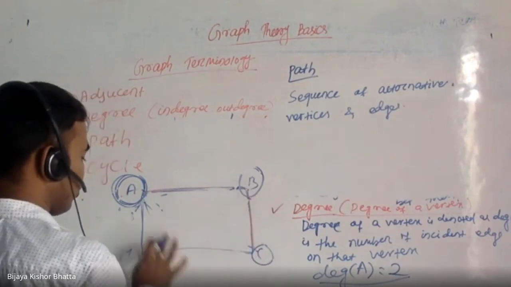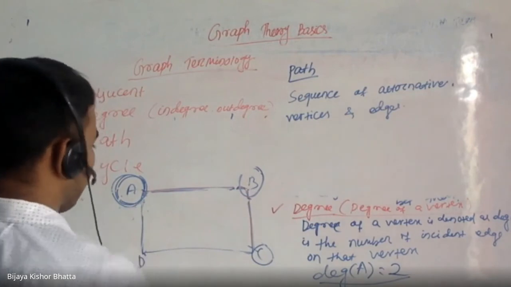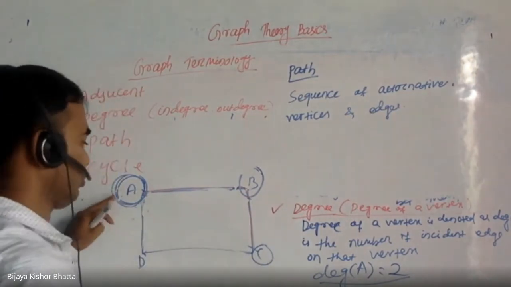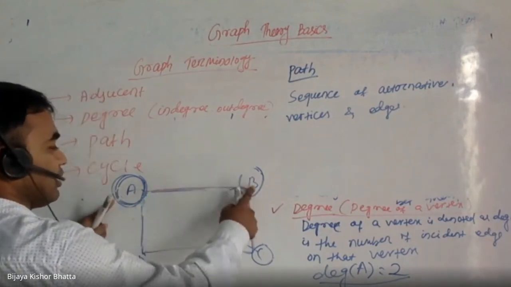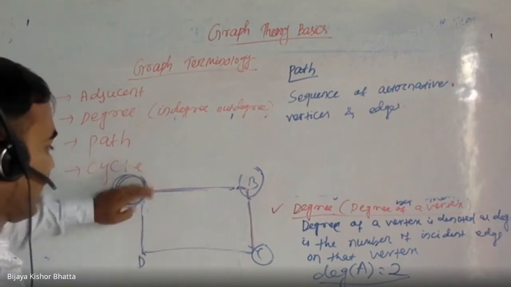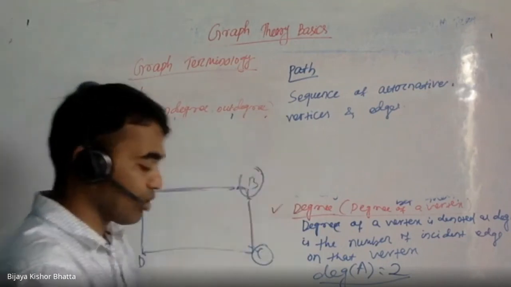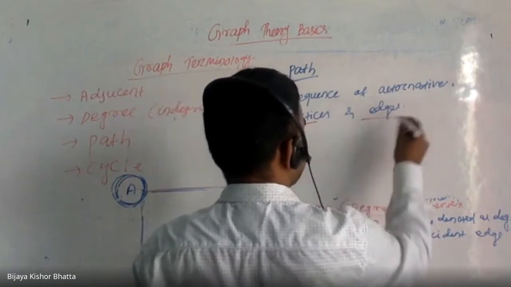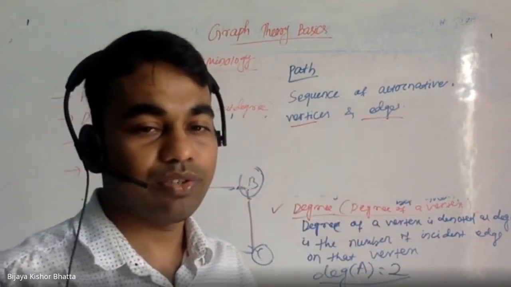Now I am focusing only on this undirected graph. If I ask you what is the A to C path, how will you write it? You will go from A to B. You started with a vertex, you cover the edge, and you go to a vertex. That's why it is a sequence of alternating vertices and edges.